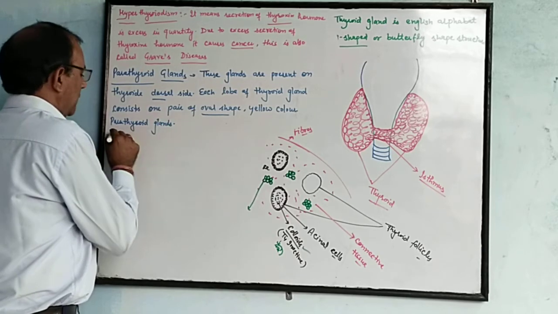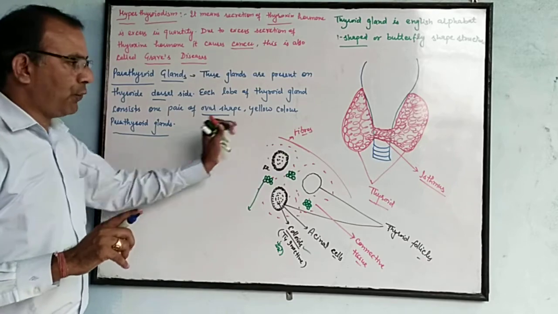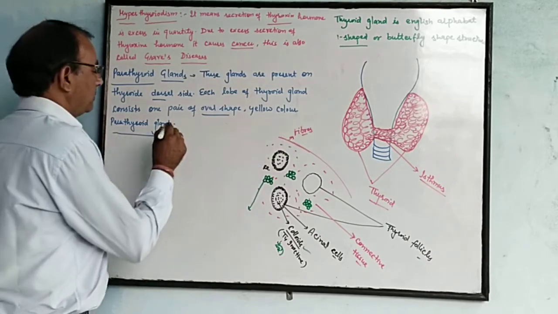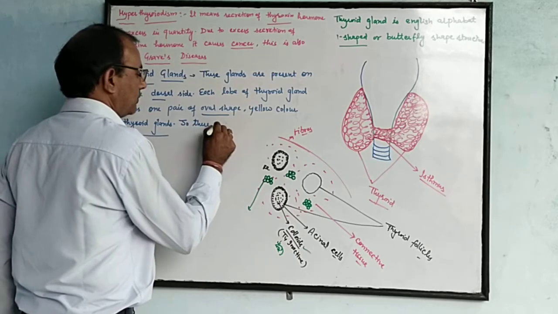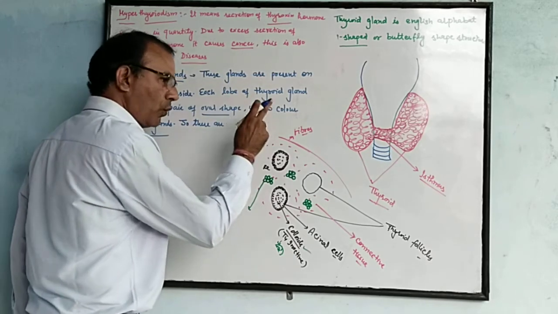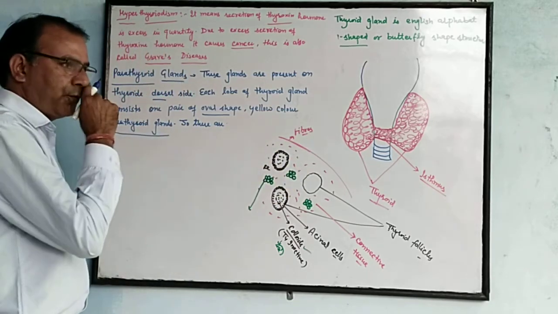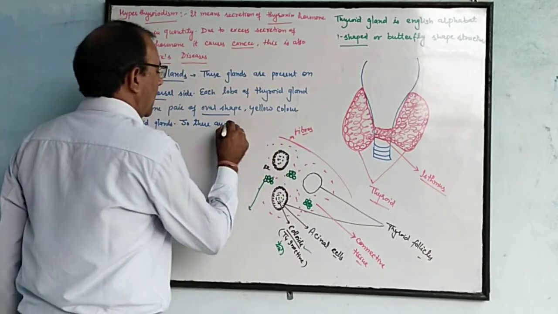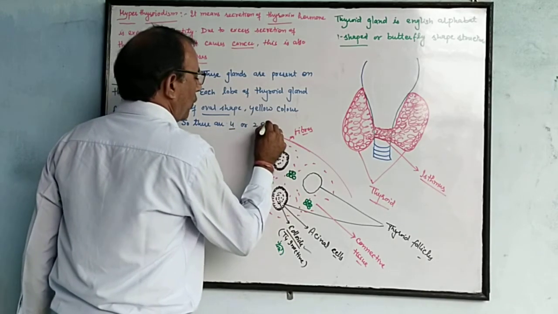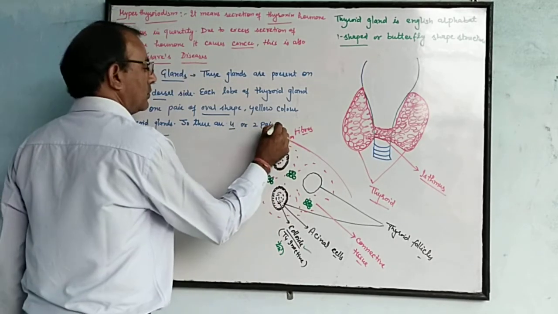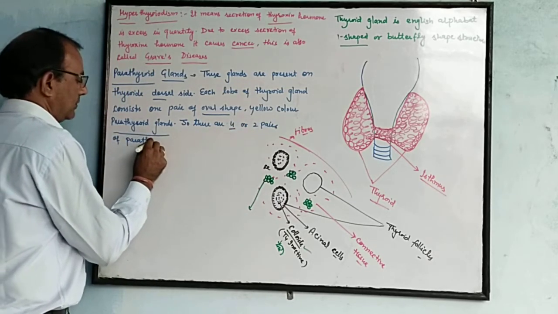It means in a human being only 2 pairs, or 4 parathyroid glands, are present. One lobe contains 1 pair, the second lobe 1 pair, so 2 pairs, or 4 parathyroid glands.